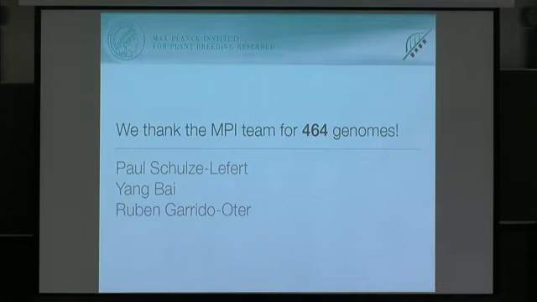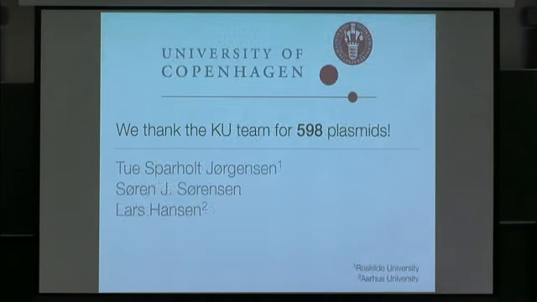The MPI, who generated 446 genomes, which is Paul, Young, and Ruben. And the University of Copenhagen, especially Tour, who generated plasmids for us. Plasmids have long been neglected in all this benchmarking, and we thought it would be a good idea to mimic realistic metagenomes, which of course contain plasmids as well, and spike some plasmids in there.